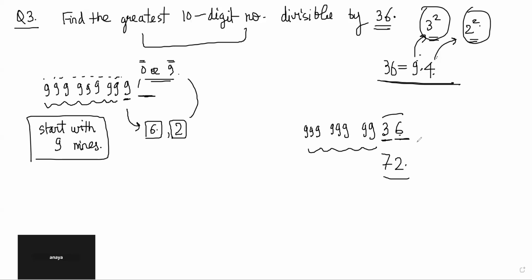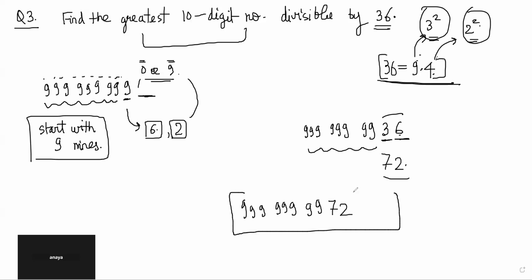Nothing else is possible actually, because the last two digits have to be divisible by 36. You have to make them divisible by 9 also and 4 also, right? Do you understand what I'm saying? So the largest number will be the one that you make with 72, right? That's the answer.